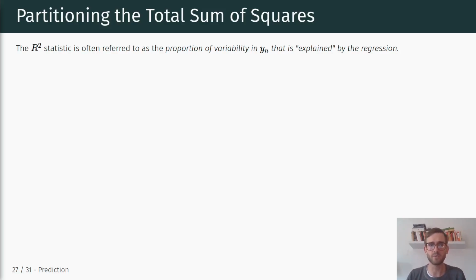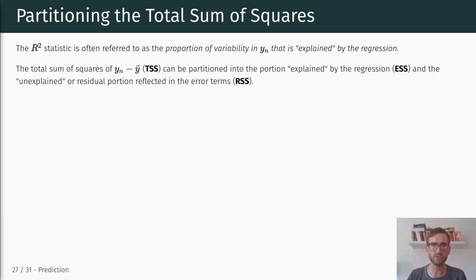Particularly, we're going to start by partitioning the total sum of squares in our outcome variable into an explained part and an unexplained part. So the total sum of squares is the sum of deviations between our observed y_n and our y bar.